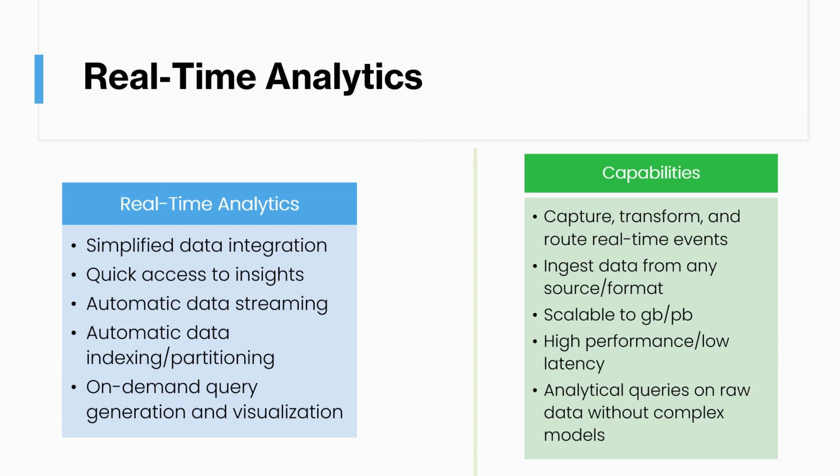You can monitor patient vitals in the ICU, predict disease outbreaks based on real-time data, or optimize hospital operations based on real-time patient flow data. So the possibilities are vast and can significantly improve patient care and operational efficiency.